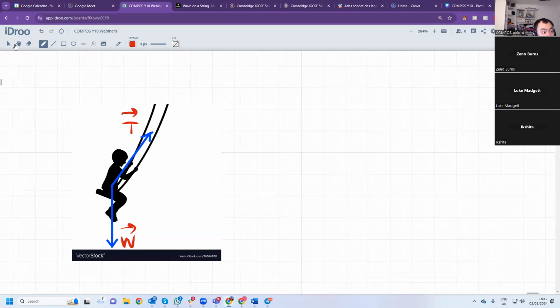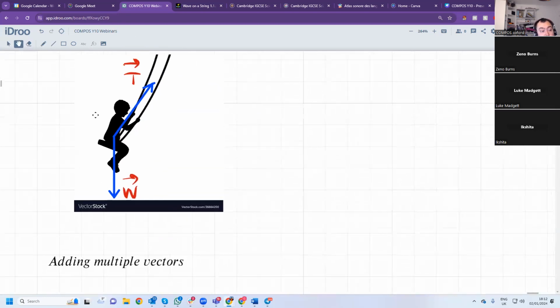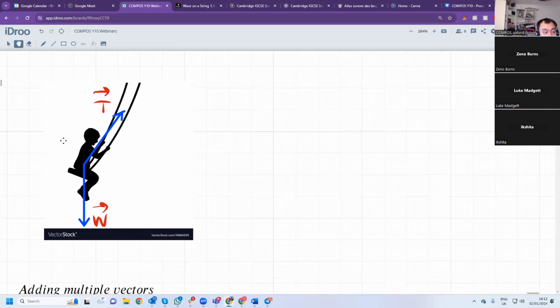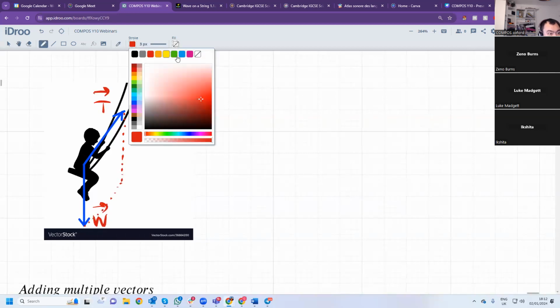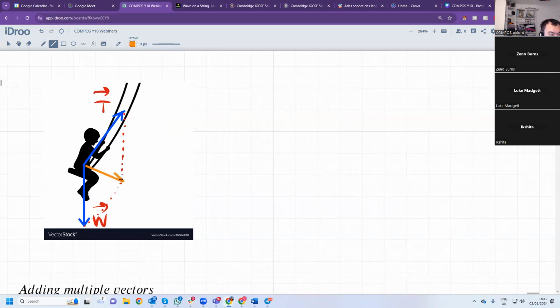Very good. Parallelogram, because they are drawn from the same point, of course. Yeah, and we can do that. We can draw a parallelogram, and the resultant force, which is T plus W, is the resultant force.